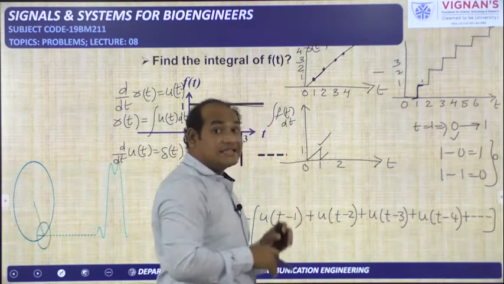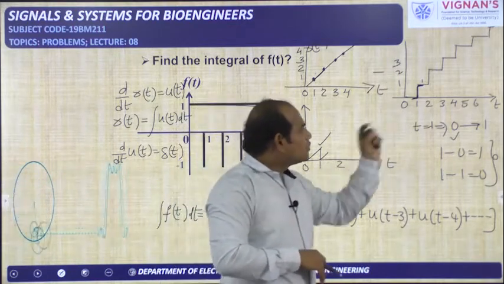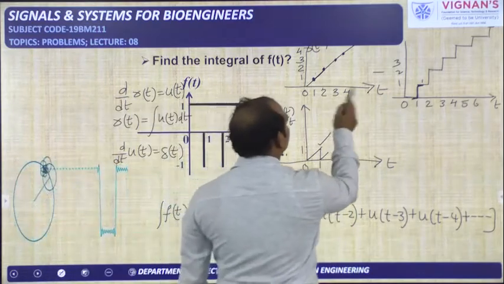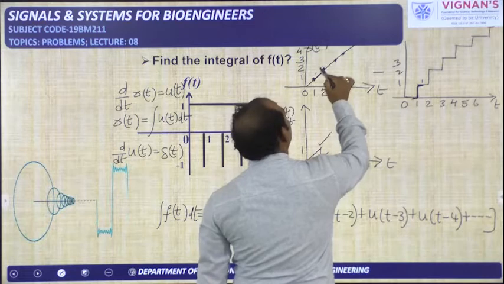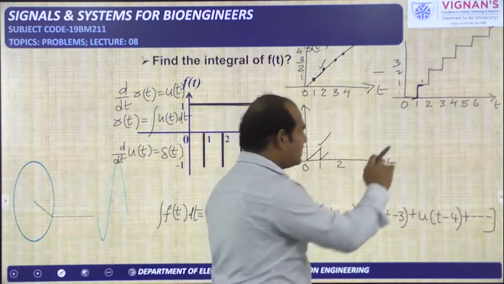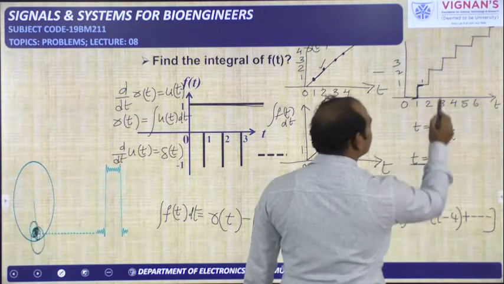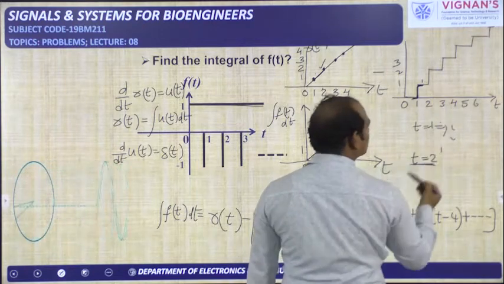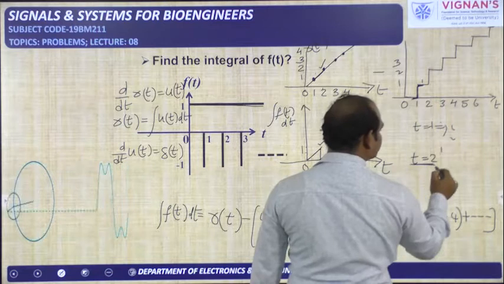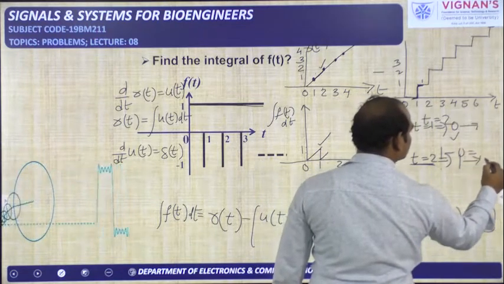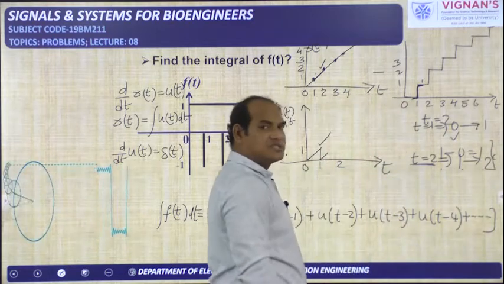Okay. Next, exactly at t is equal to 2, what is happening? You see again, exactly at t is equal to 2, this signal amplitude is surely 2. There is no doubt. But here, its amplitude is changing from 1 to 2.